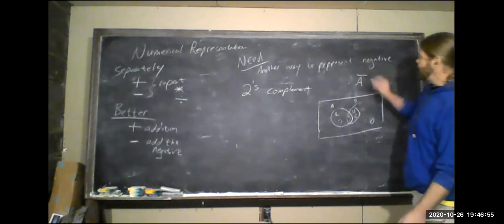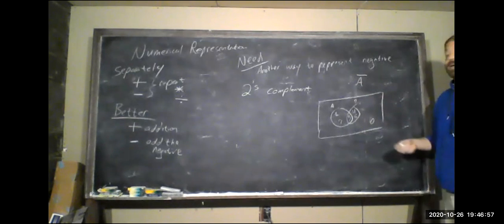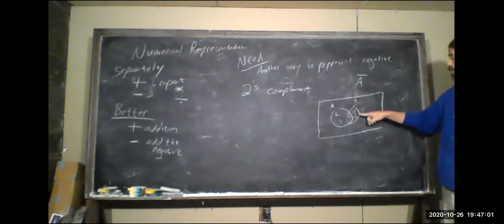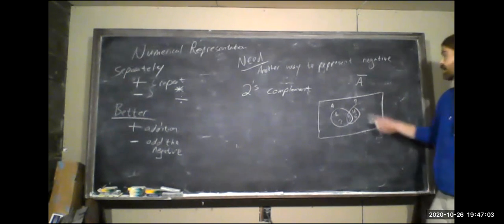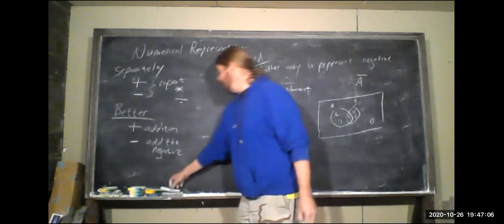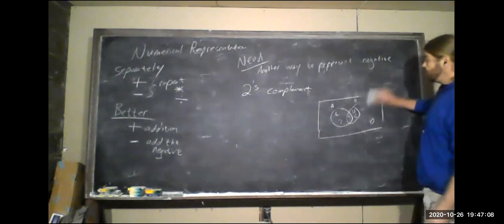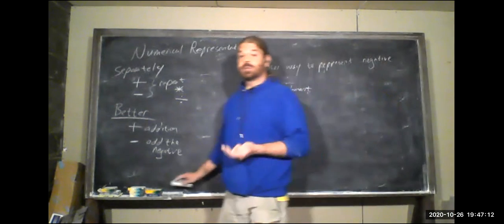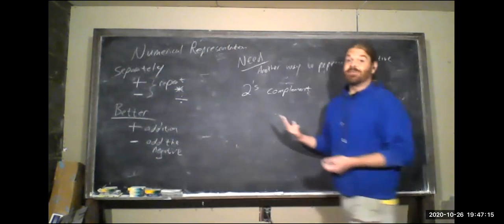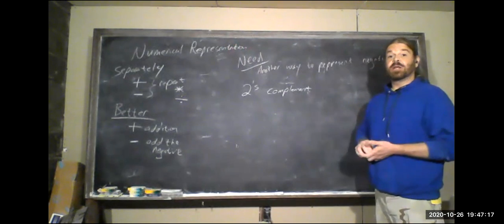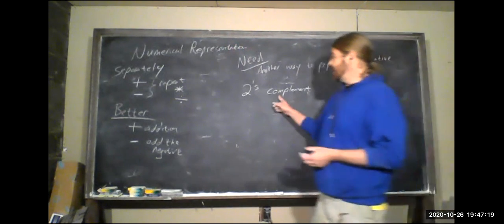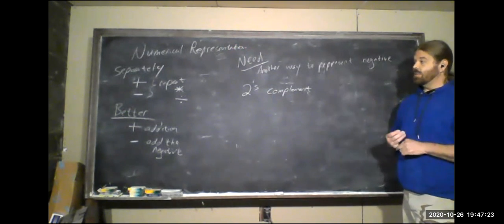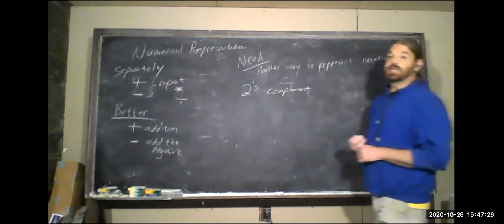We also have the complement of A, which means everything that's not in A. So A has 1, 2, and 3, so what's not in A would be 4, 5, and 6. So complement as far as what's not in them, which becomes super easy in binary because we only have 2 symbols, so the complement has to mean the other one. And then this gives us a way that we can use one operation to do all our math.